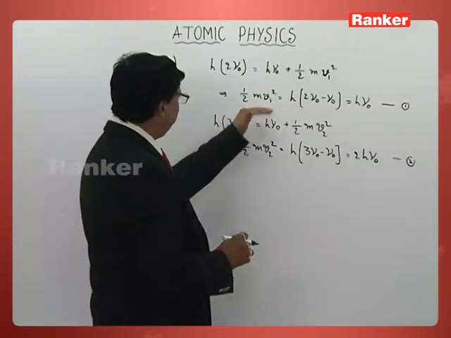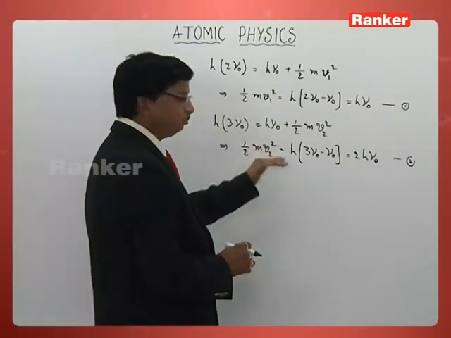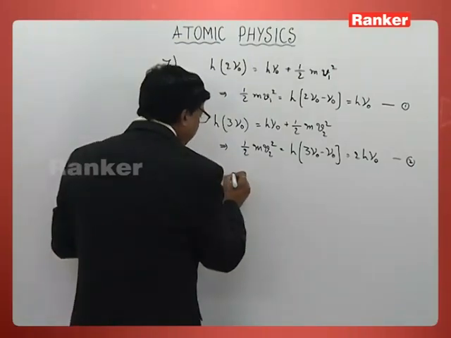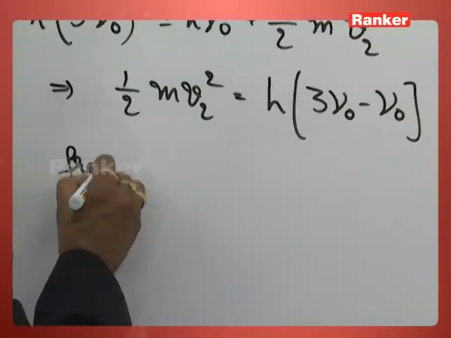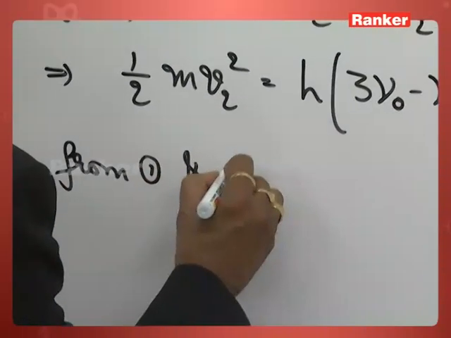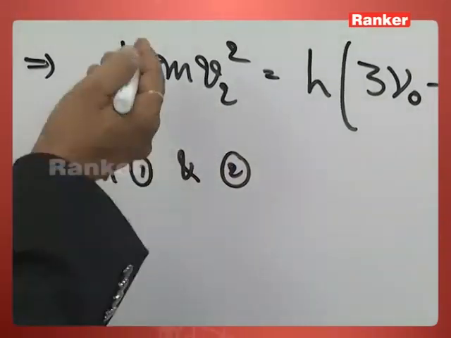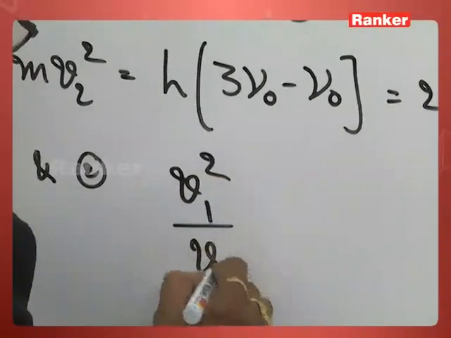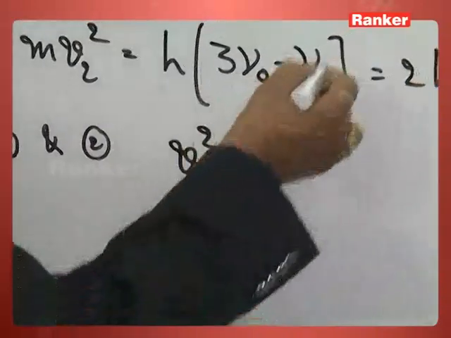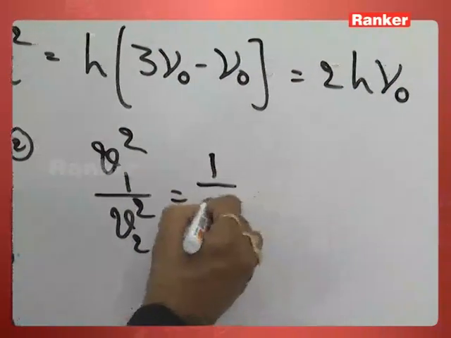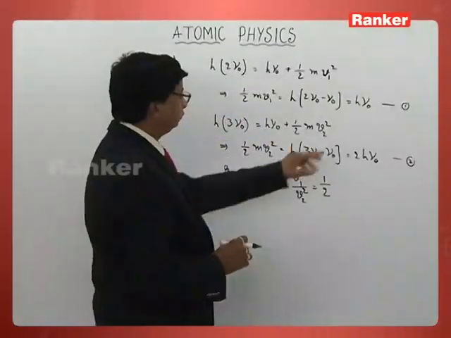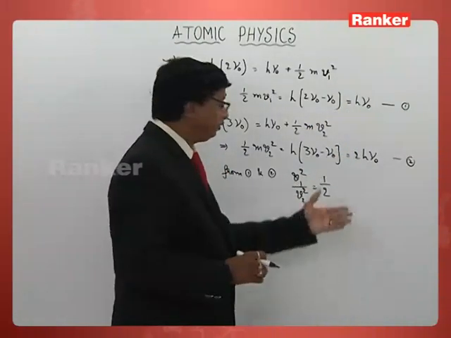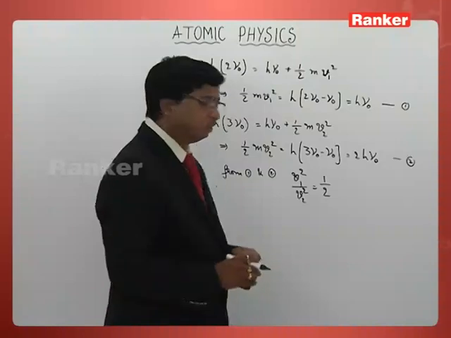Now simply take the ratio of these two. What are you going to get now? From 1 and 2, I am dividing one by the other. I get v1 square by v2 square is equal to 1 by 2, h nu naught by 2 h nu naught getting cancelled, we are left with 1 over 2.